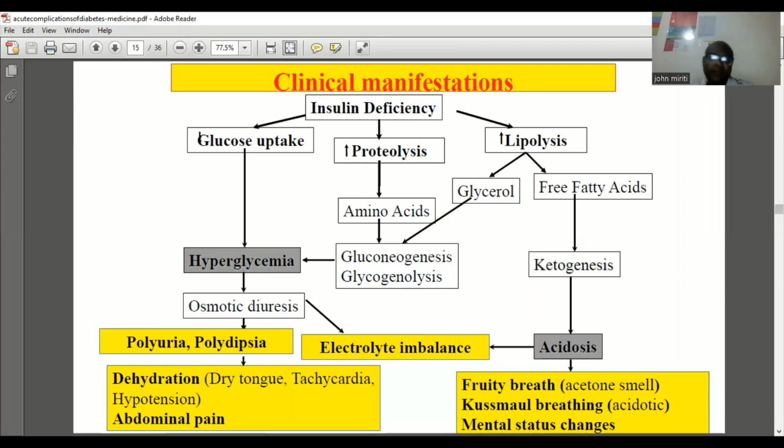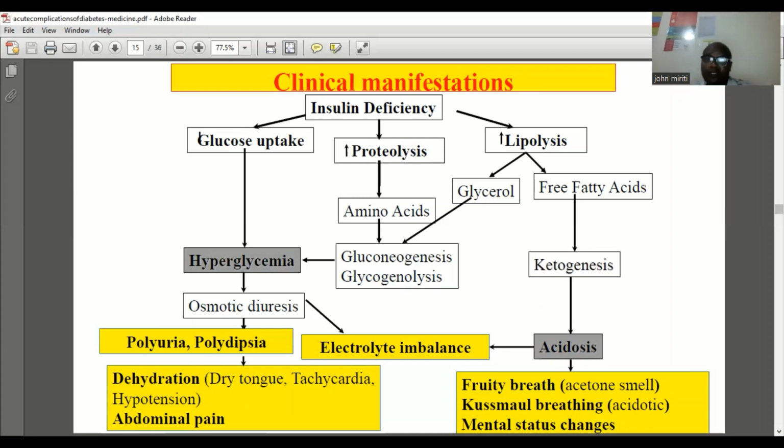Then this glucose in the blood circulation can result in osmotic diuresis, because the kidney will activate the RAS system to help flush out the glucose in the blood. Then this will lead to what? A lot of blood goes to the kidneys, and a lot of water passes out through the tubules. This results in polyuria, a lot of urine taking a lot of water, and because the water is excreted together with electrolytes, it will cause electrolyte imbalance.